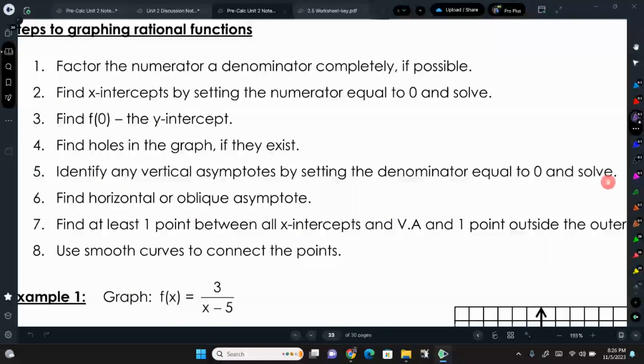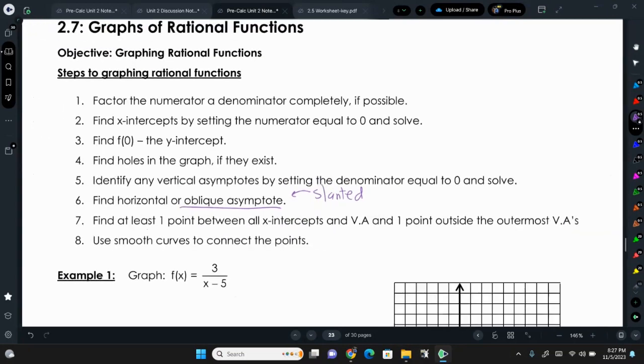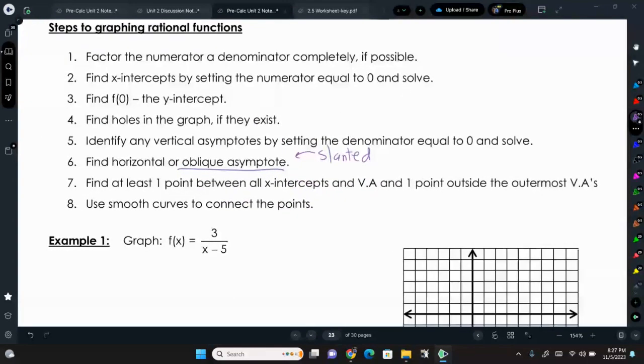So oblique asymptotes, those are new, and we're going to focus on those more tomorrow, but they're also called slanted asymptotes. And then we're going to use the vertical behavior. We could find one point between all x-intercepts and the VAs, but using the vertical behavior is a little bit easier because we're not finding as many points.